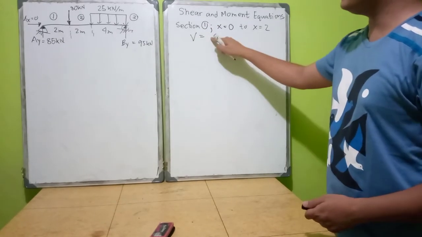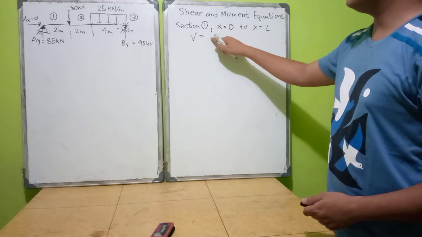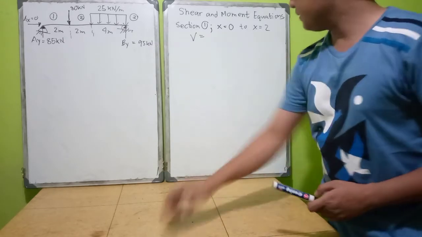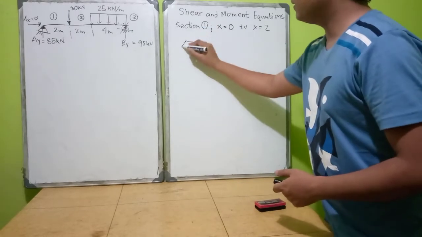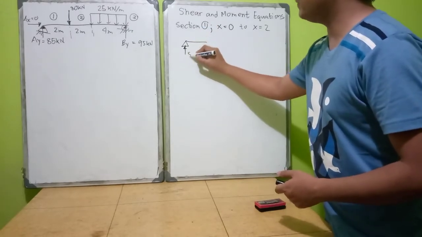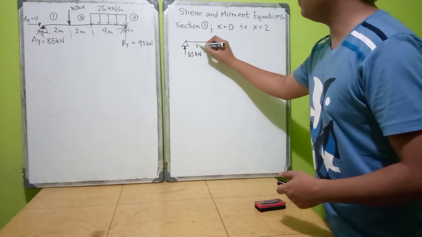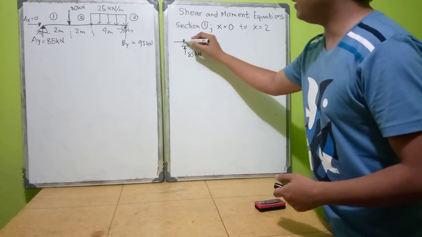So let's have a drawing. This is your support, you have the 85 kilonewton force, this is 2 meters, and this is x.